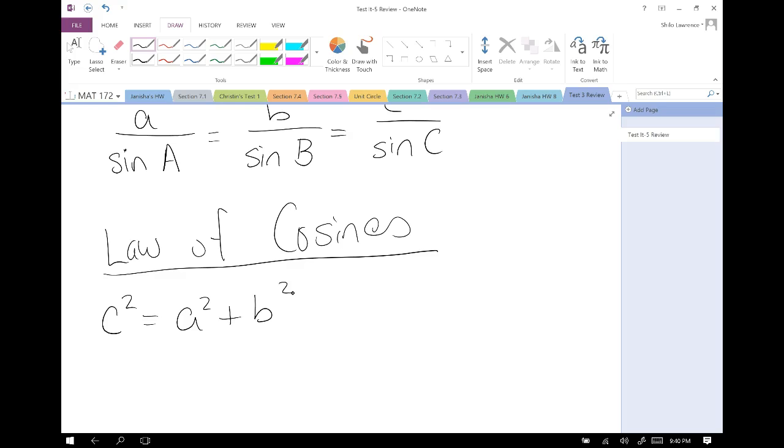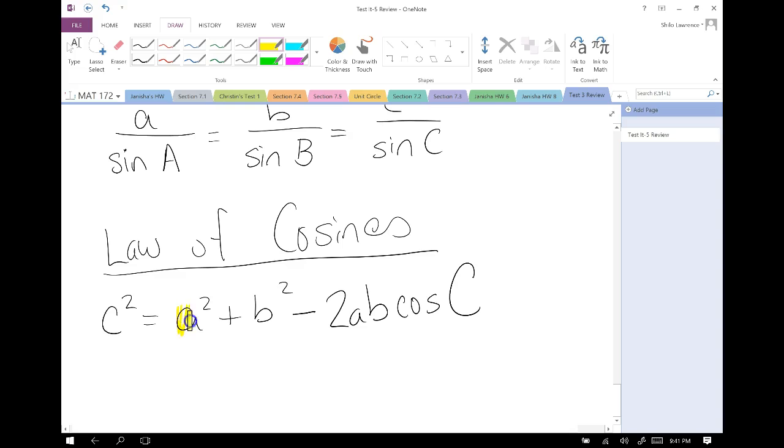If it's a right triangle, then you would use Pythagorean theorem. If it's not a right triangle, then you have to add this extra piece at the back so it works for non-right triangles. And it's the minus 2ab cosine C. That minus 2ab cosine C is our magic little piece that makes it work for non-right triangles.